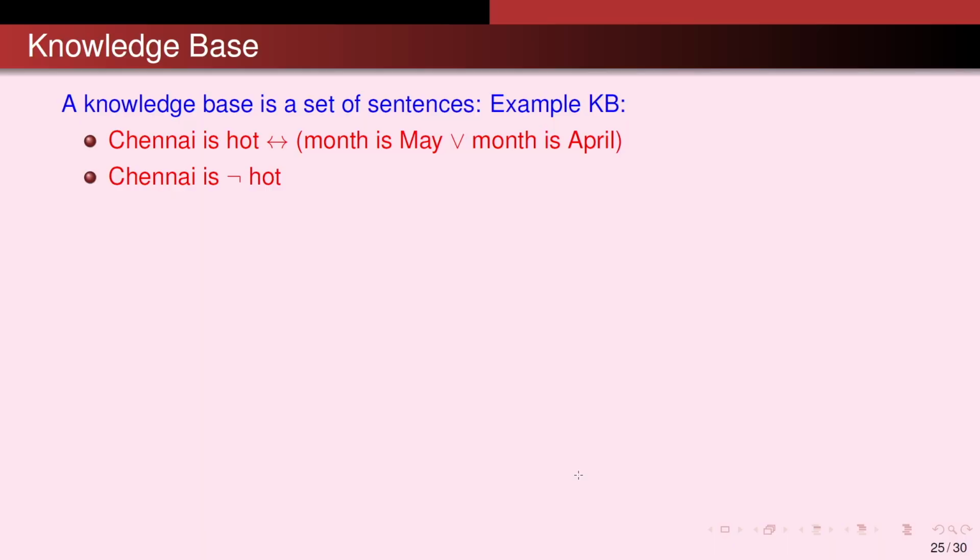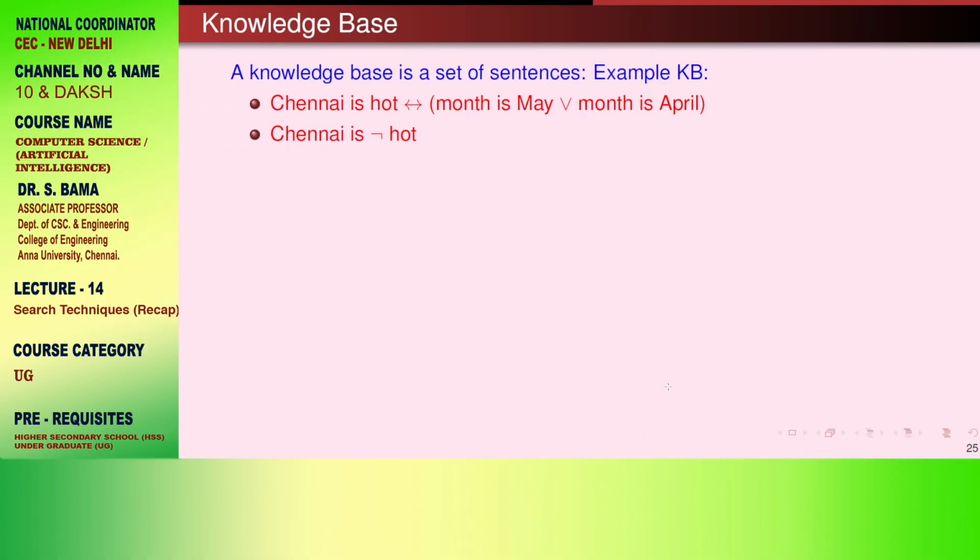A knowledge base is a reasoning type of method, whereas a database will just give the answer to that particular query. The reasoning portion is missing in the database, whereas in the knowledge base and with other reasoning techniques it is present. Now, a knowledge base is a set of sentences. For example, I have given two statements here.